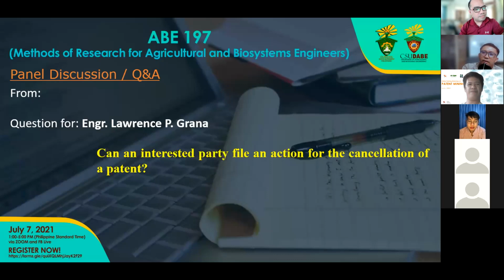It takes quite some time, and part of the process is the publication of your application. It will be published to the public that you are applying for this kind of technology, so that anyone who has the interest to question or to nullify your application can do so. There is a certain period in the application process where this happens.